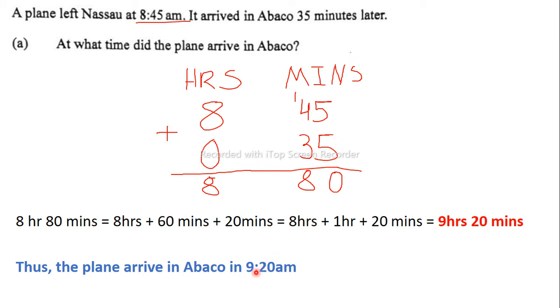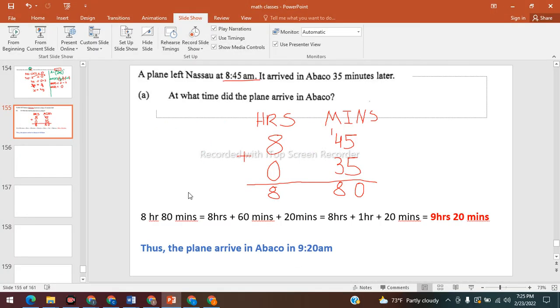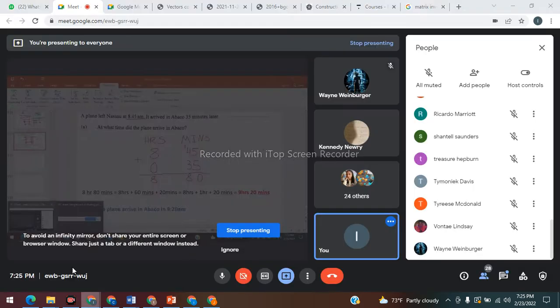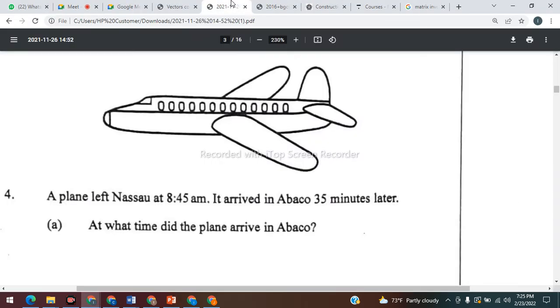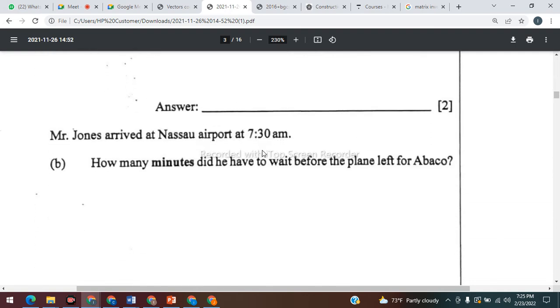All right, so 9:20 a.m. Mr. Jones arrived at Nassau Airport at 7:30 a.m. How many minutes did he have to wait before the plane left for Abaco?